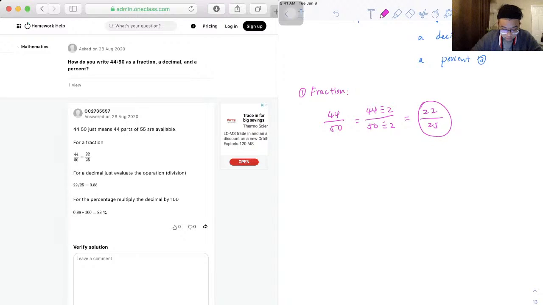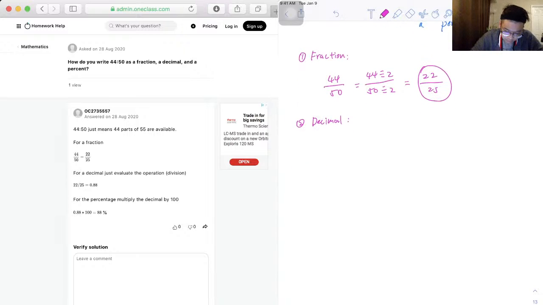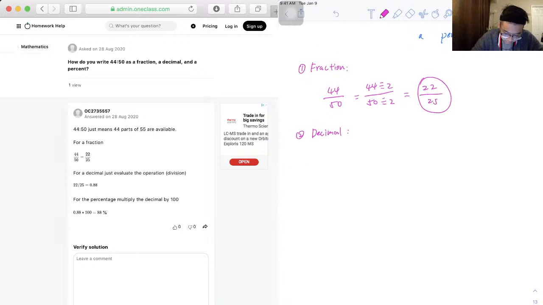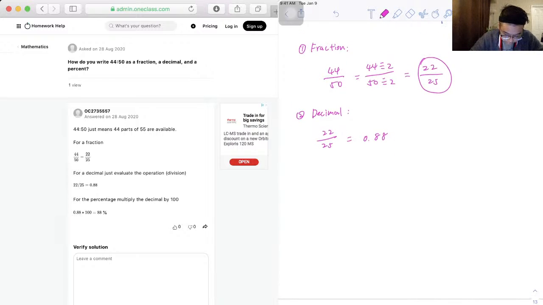So this is going to be our final result for the fraction. In terms of the decimal, we just need to evaluate the operation, which is division. So take our answer from the fraction, 22 divided by 25, which is equal to 0.88, right? So that's what we have in decimal form.